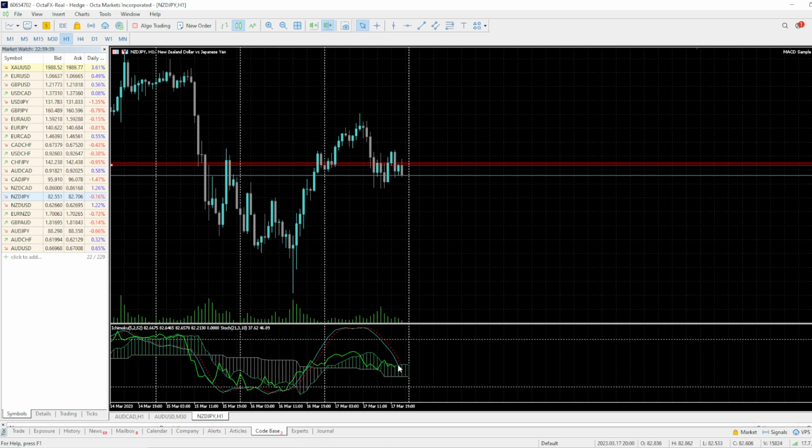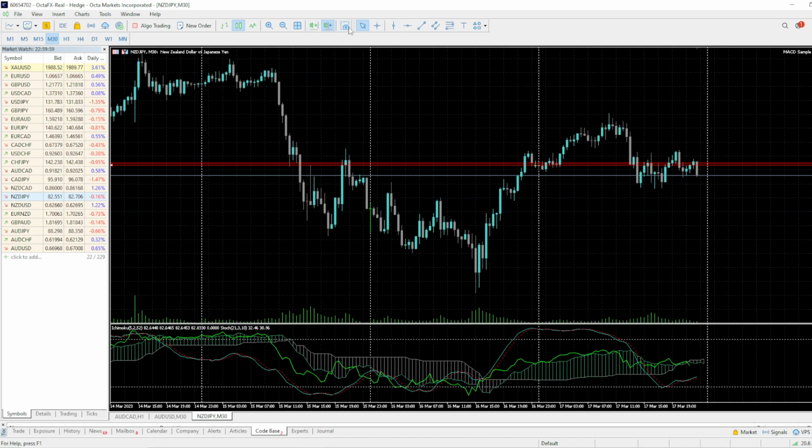Because the stochastic came into the cloud, the Chikou span came inside the cloud, change of character, retest, and boom, down. That's how you take the trade. In a smaller time frame, it's already showing you we are in the sell mood. Exit, we are in the sell mood.